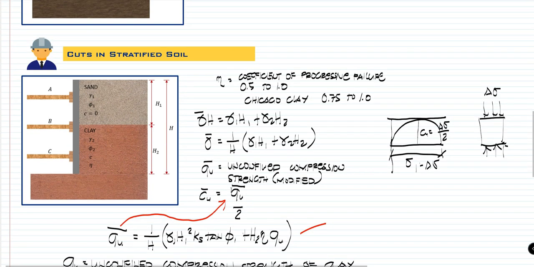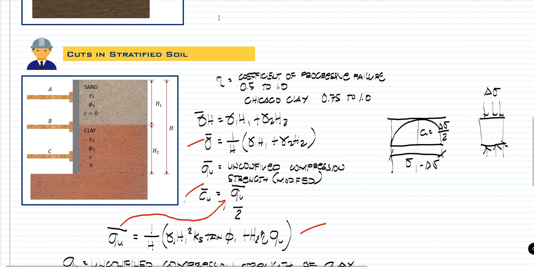So, after getting yung modified unit weight, which is same, Varignon's theorem, and after getting Cu bar or the unconfined cohesion, which is Qu bar over 2, so we can now proceed ulit, kasi parang na-convert natin siyang into soil na clay lang.